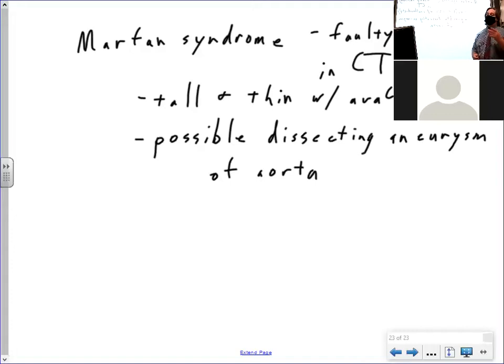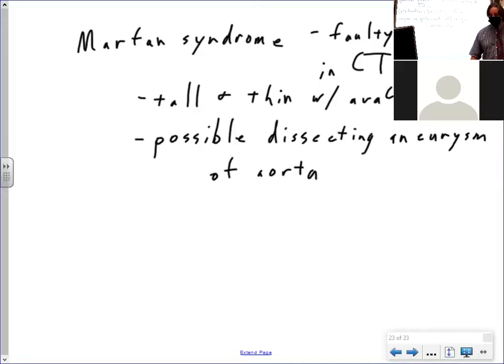And like I said, some people think that Abraham Lincoln actually might have died because he was less likely to survive bleeding out due to his Marfan syndrome. Again, that's complete speculation, because you'd have to really see his genetics to be able to say that.